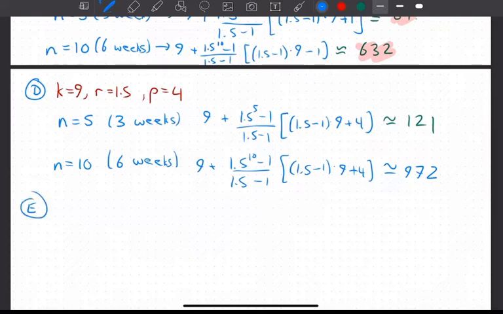Okay, and what's the last calculation? So let me write that down because it's really important. This is a summary of what we just did. Expected number of cases in 3 weeks versus 6 weeks.